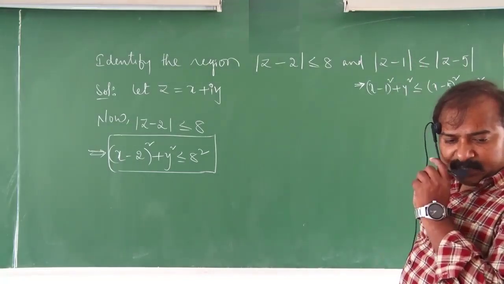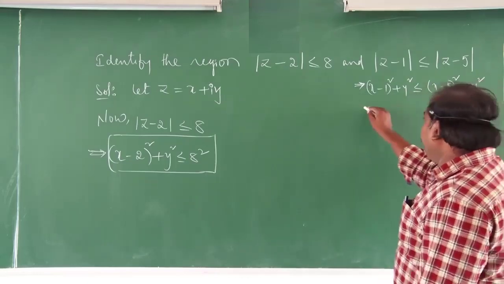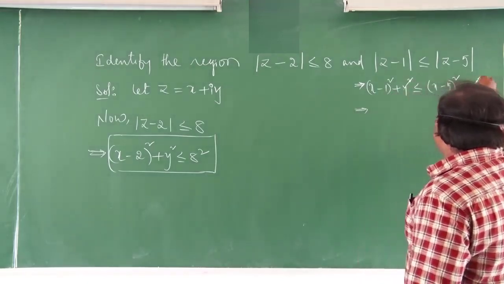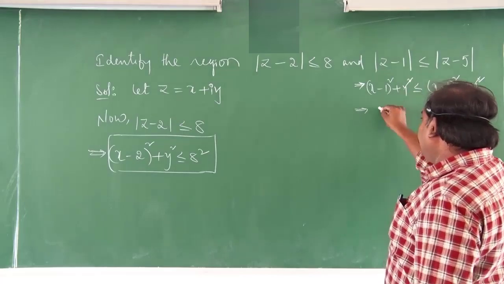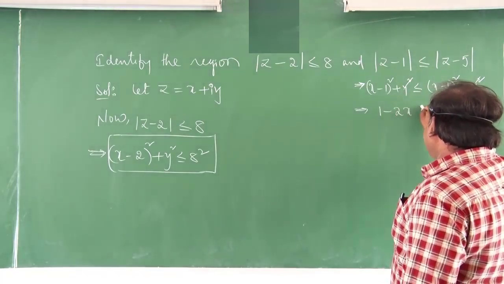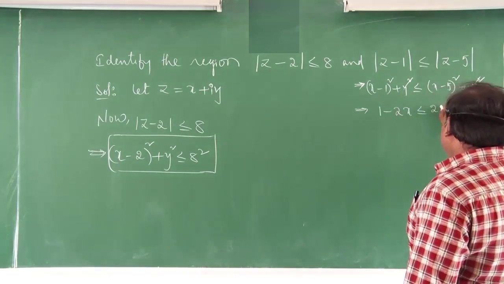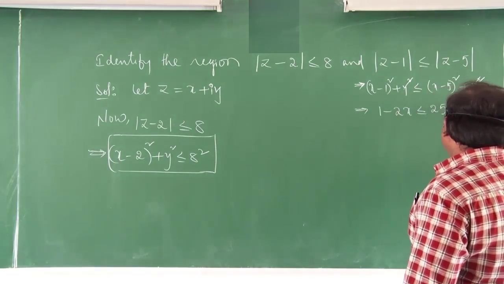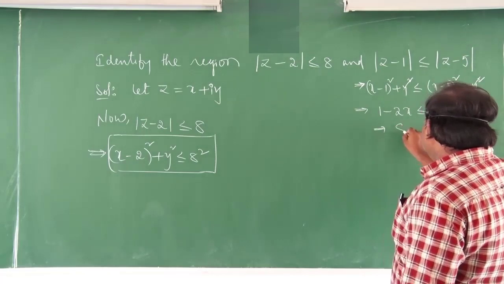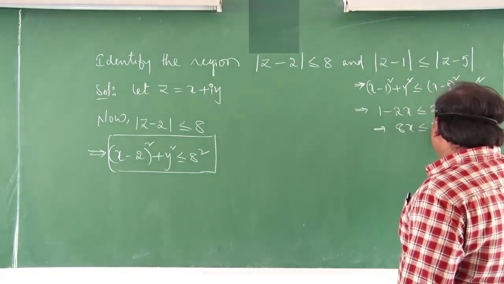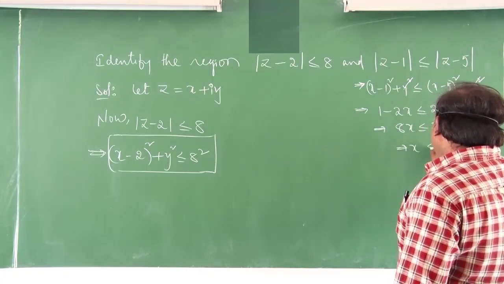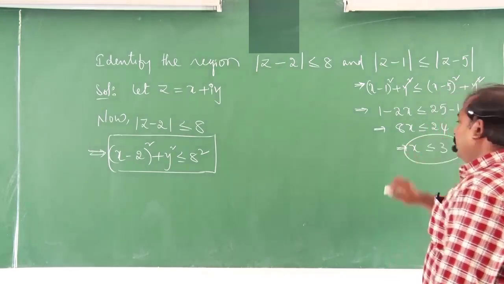Based on that idea, I hope you can understand. Simplify this: y square cancels, x square cancels on both sides, here it is 1 minus 2x less than or equal to 25 minus 10x. If you bring this side, 8x is less than or equal to 24, which means x is less than or equal to 3.